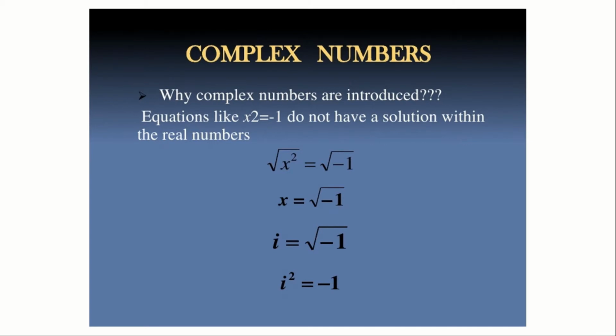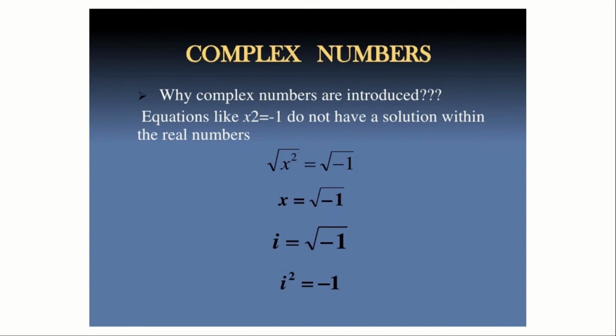So why were complex numbers introduced? Equations like x square is equal to -1 do not have a solution within the real numbers. Real numbers means negative numbers, positive numbers and 0. Whereas in the case of square roots, a negative number doesn't have a square root. In order to solve this type of problem, imaginary numbers or complex numbers have been introduced.